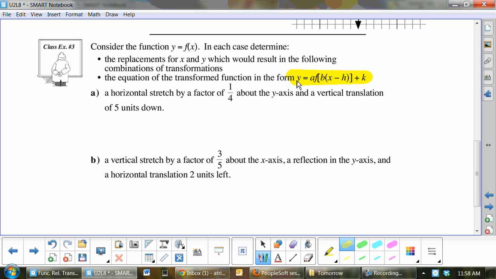I want it as y equals. Now, the A, who does it belong to? The y, right. The B, x. The H, x. And K, y. Good. Now, if you forget that, on this pretty yellow sheet I gave you, it's right here. Okay? So it is important you know this form.